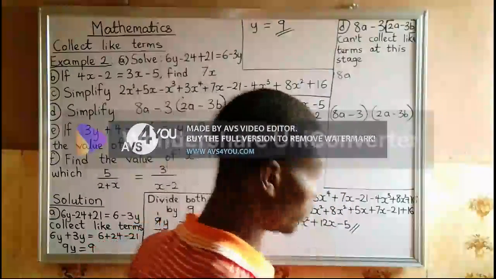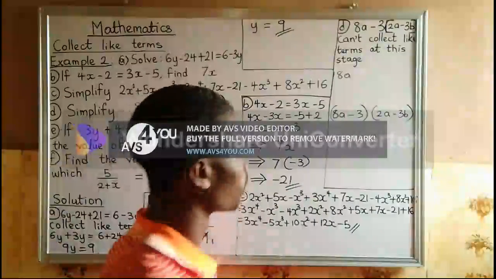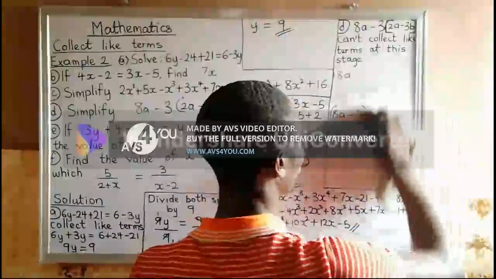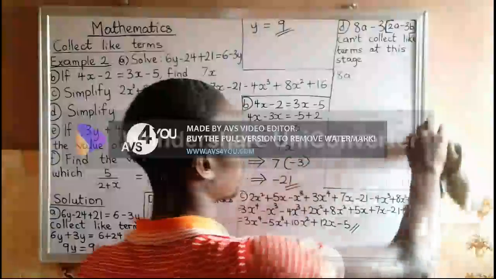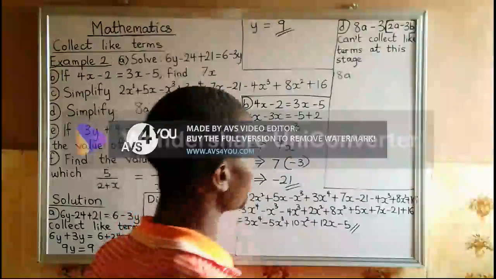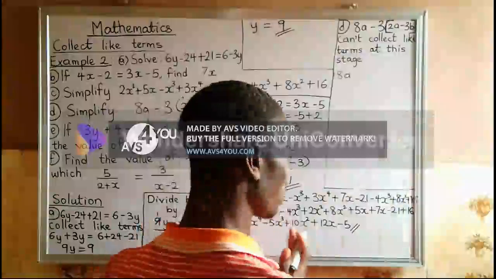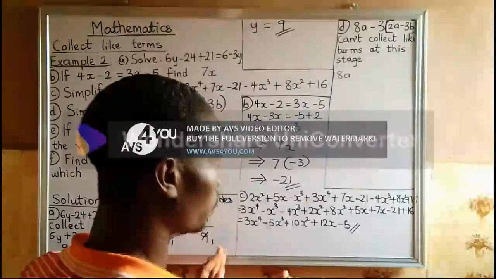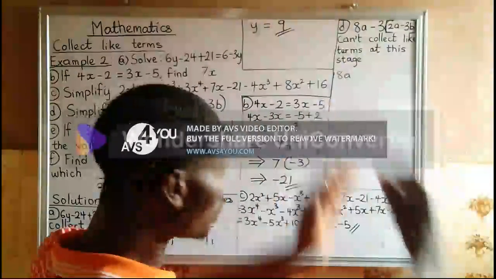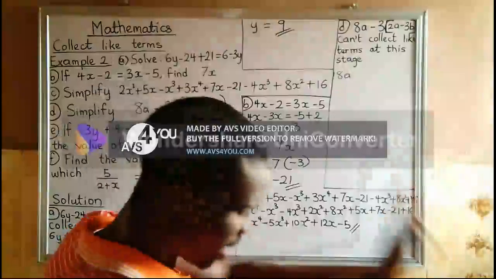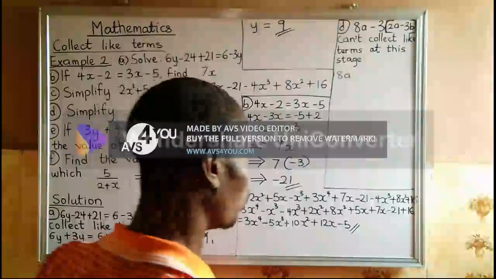So back to the question. As I said, this actually means 8a as a separate term on its own, then minus 3 into brackets 2a minus 3b, another separate term on its own.